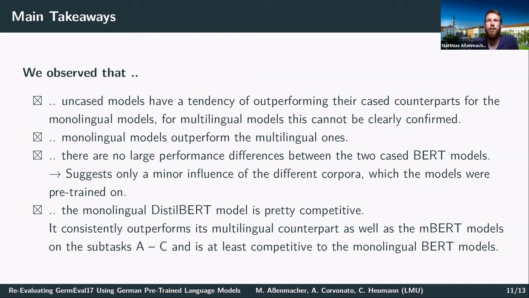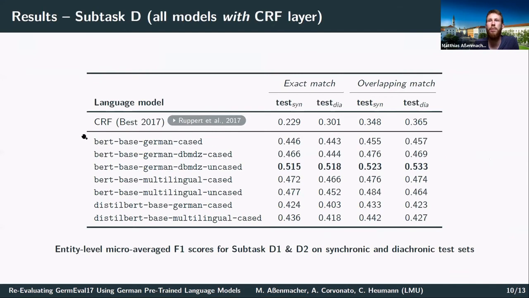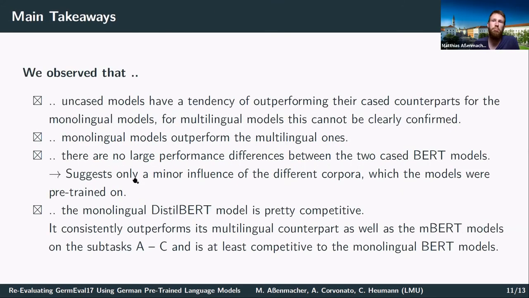What we also observed is that there were no large performance differences between the two cased BERT models, the one by deepset.ai and the one by dbmdz, which potentially suggests that the different pre-training corpora they used only have a minor influence on the final performance.